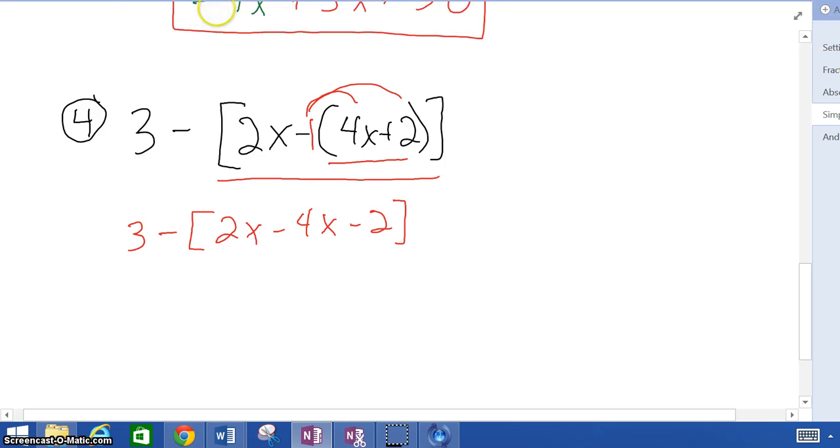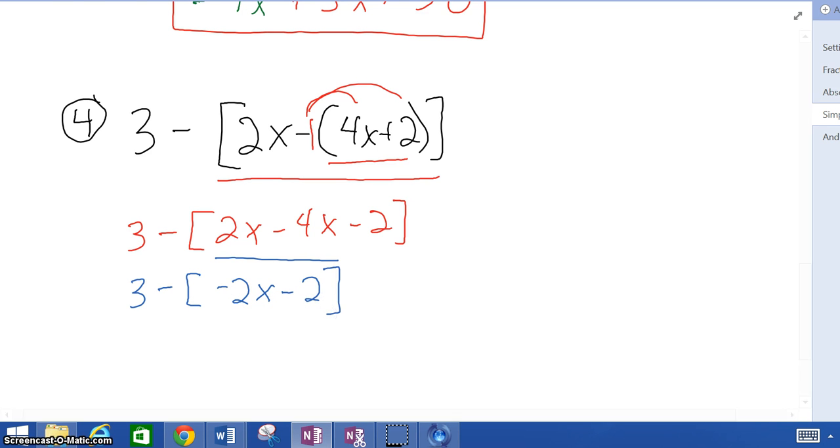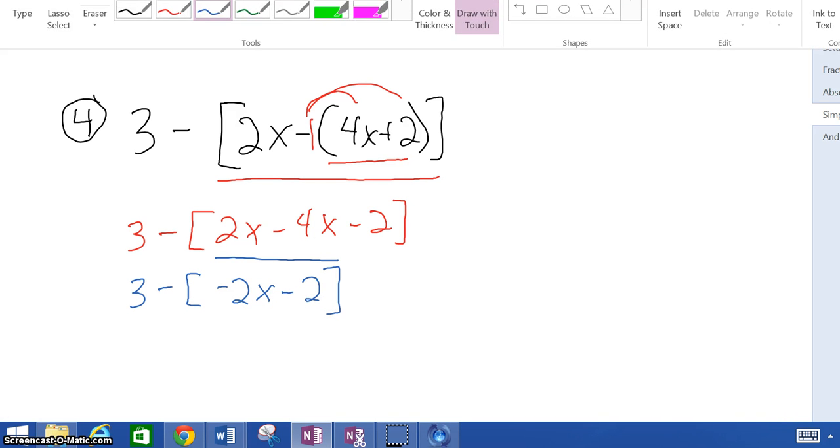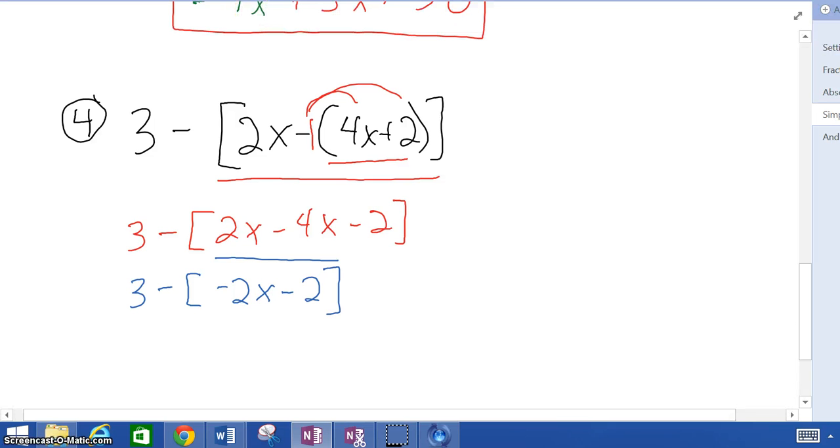Now within these parentheses, are there any like terms? Yes. So I now have 3 minus a negative 2x minus 2. Now within my parentheses, there are no more like terms. That means I'm done with parentheses.